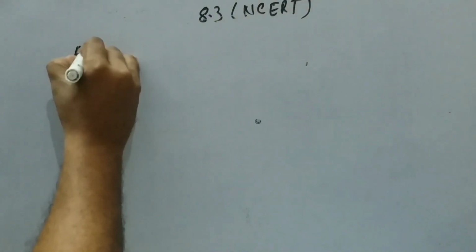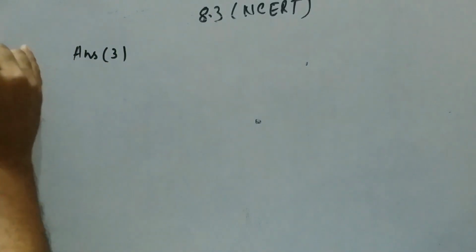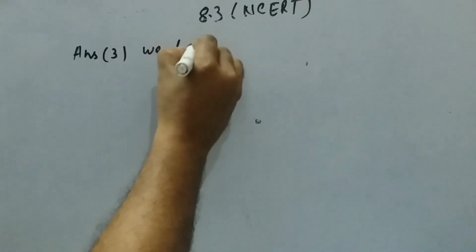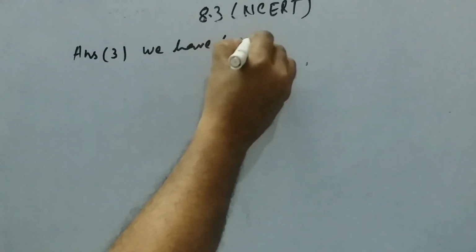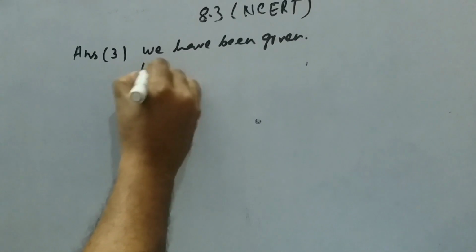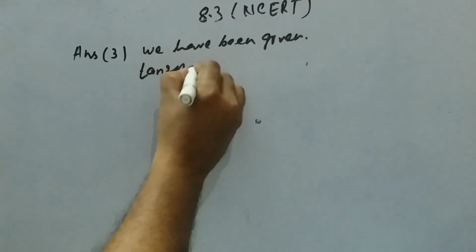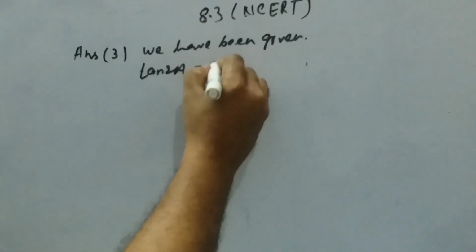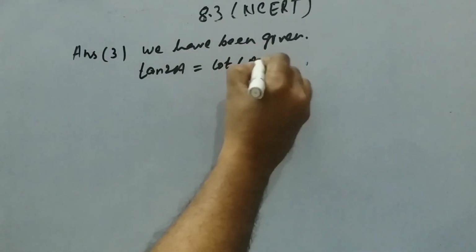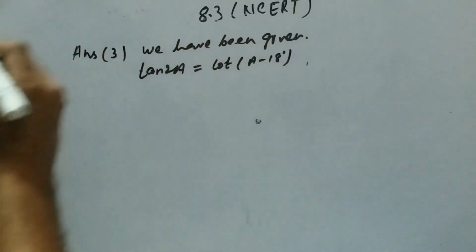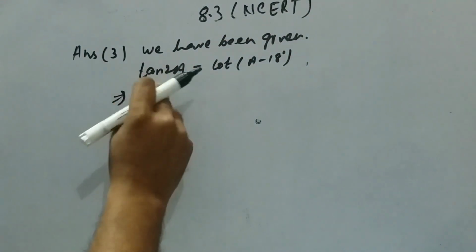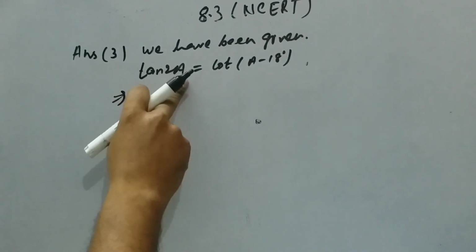Answer number 3rd. Okay, we have been given tan 2a equal to cot of a minus 18 degree, and we have to find the value of a.